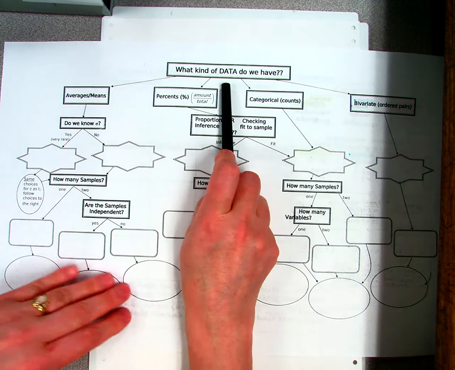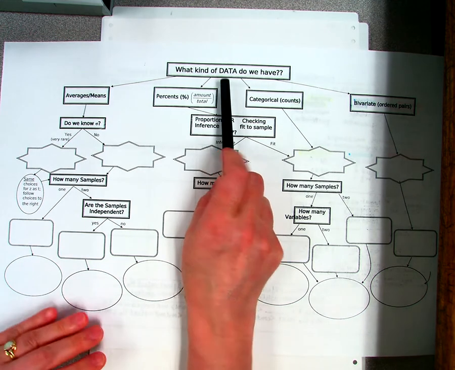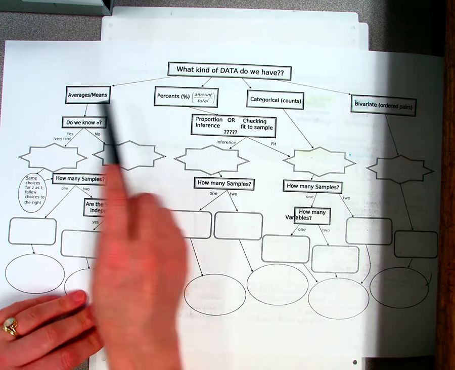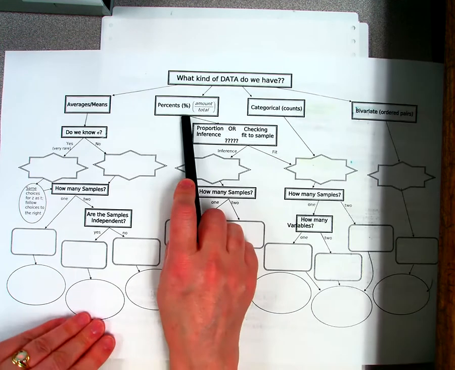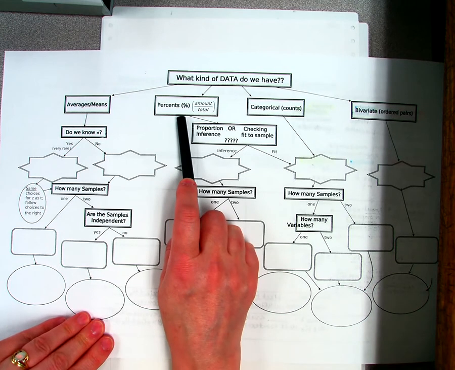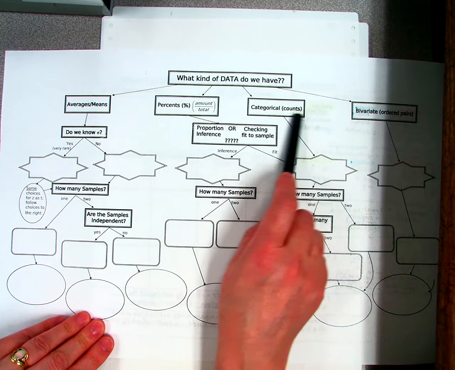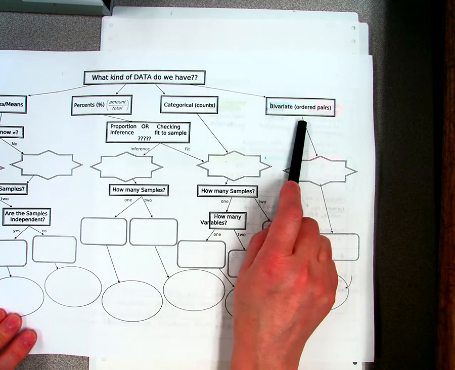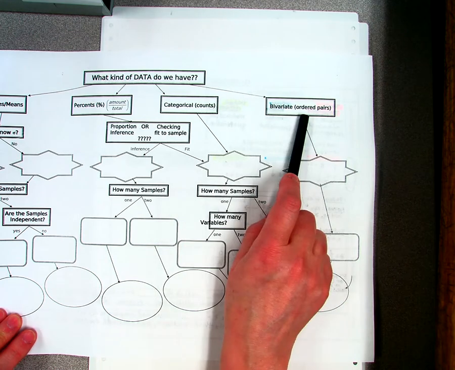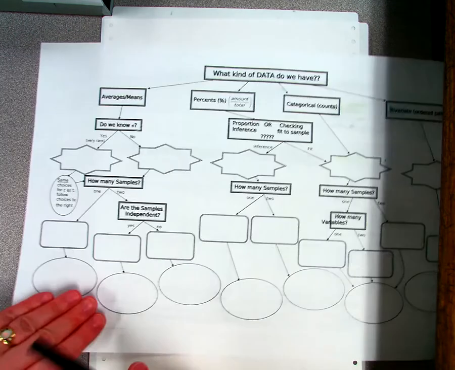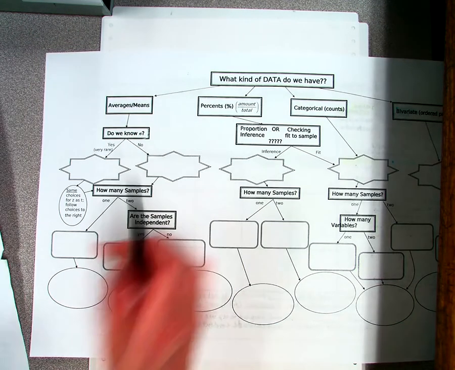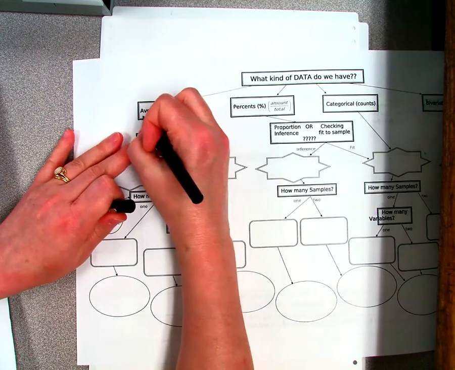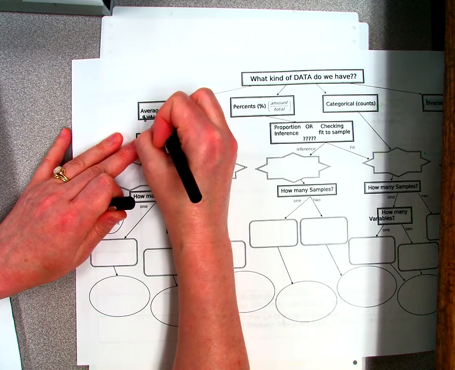So the first thing you do when you're looking at data and trying to decide which thing you're supposed to do is you think about, is it averages or percents? That would be proportions, right? Or is it counts, which would be chi-squared, or is it bivariate, would be chapter 12. So this is chapter 11, chapter 12 over here. We're not doing those yet. If it's averages, that's another way of saying it's quantitative data.